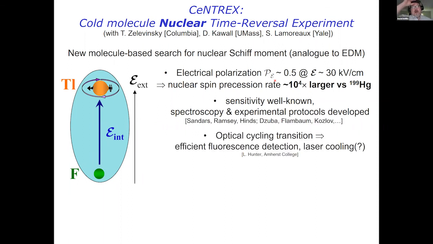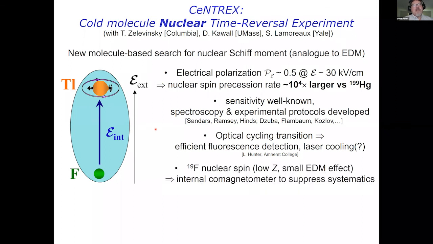But we've now shown that this particular molecule has some nice properties, atom-like properties. In particular, it has an optical cycling transition that should make it easier to detect and even cool than a typical molecule.